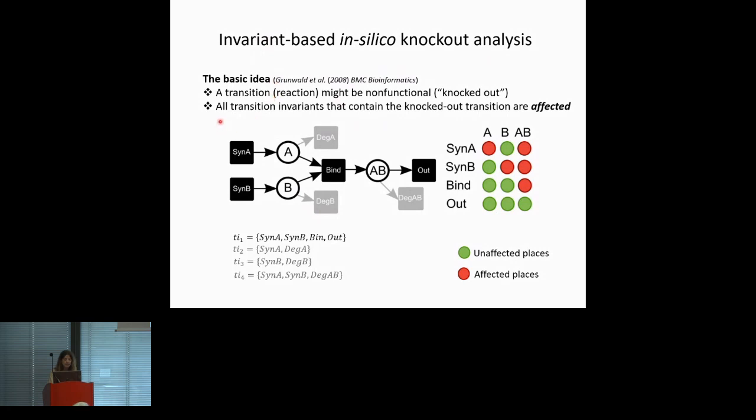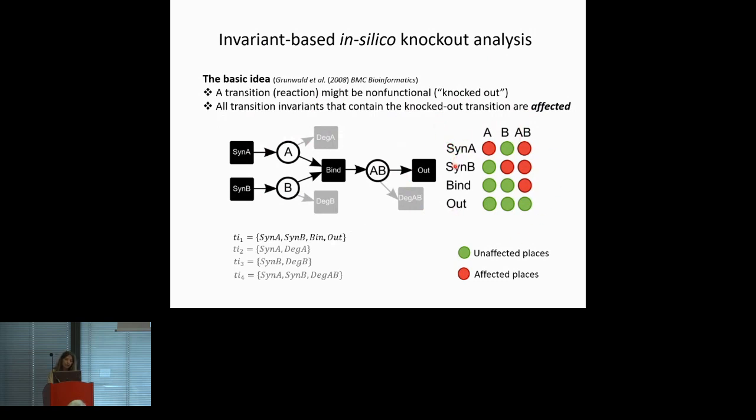And the basic idea is that all transition invariants that contain the knockout transitions are affected by the knockout. And so here you see again a small system, and here you see the knockout matrix, where we compile color-coded the results.